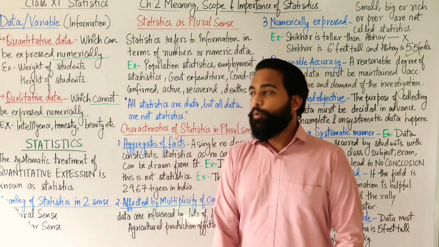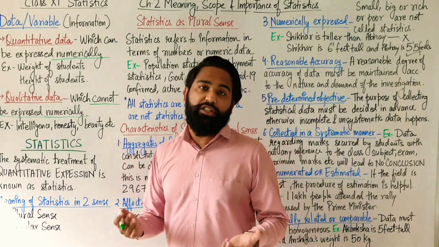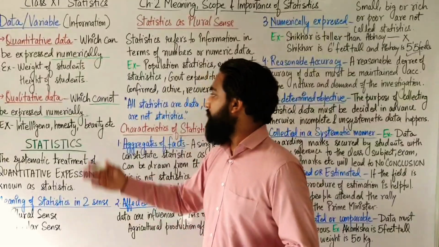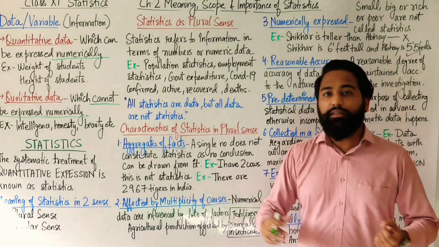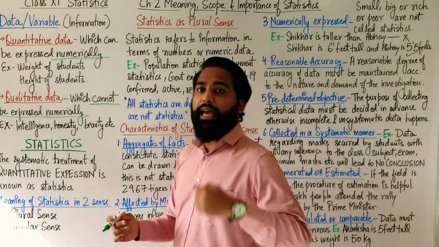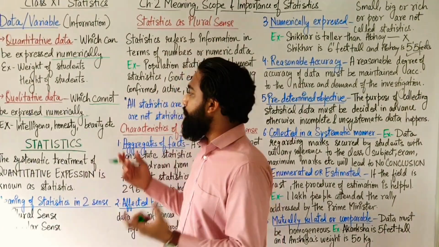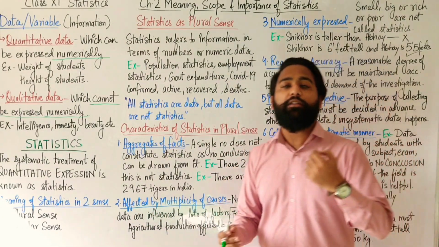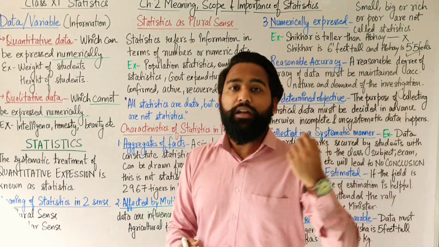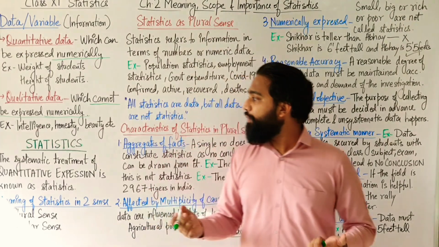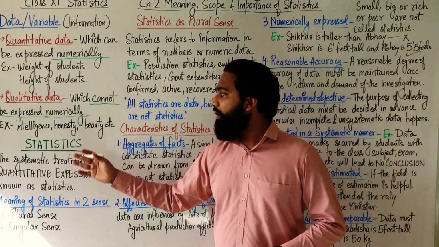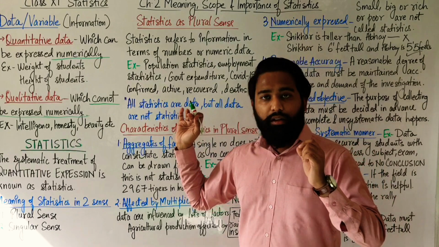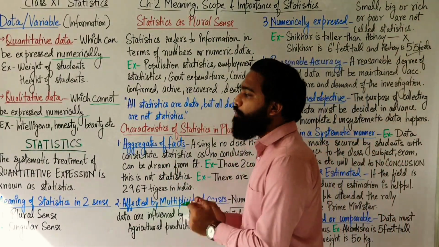For example, intelligence, honesty, beauty. These are things which you cannot calculate numerically. You cannot express intelligence or beauty in numbers. Is that clear?